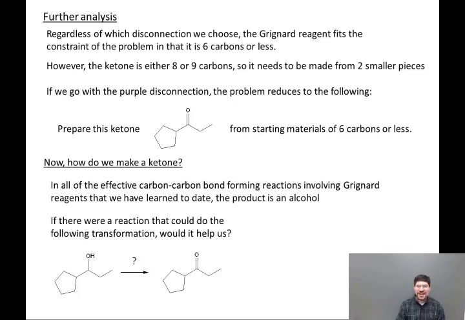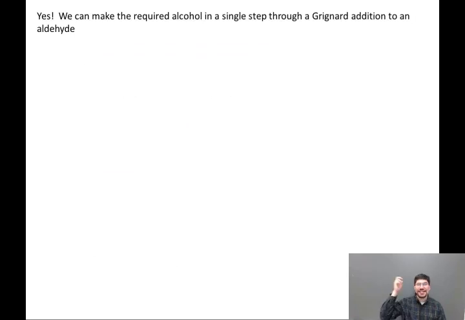Now, if there were a reaction that could do the following transformation, that can take the secondary alcohol on the left and turn it into the ketone on the right, would that help us solve this problem? And the answer is yes, absolutely.